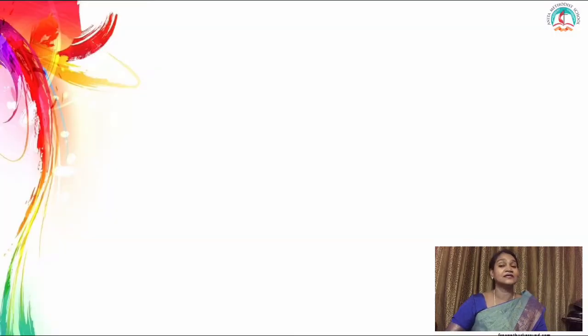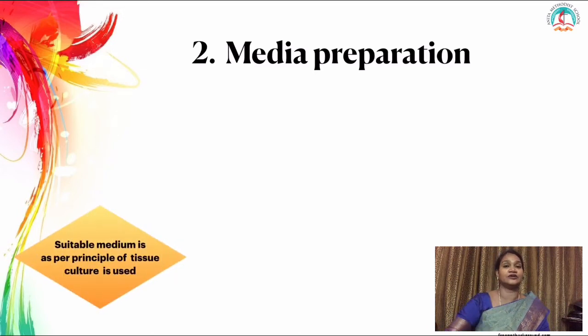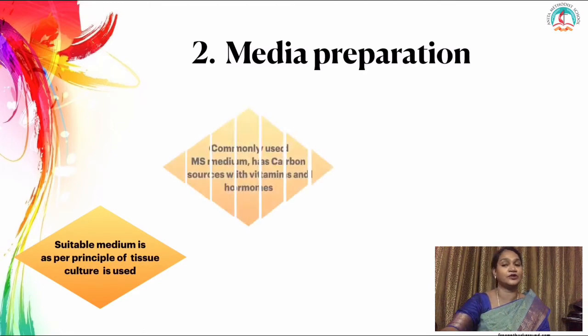The second technique is media preparation. So how is the media prepared? Now what is media? It's a place where you culture or grow the explant of the plant. The suitable medium as per the principle of tissue culture is used. Whatever medium we need for the particular plant will be produced.